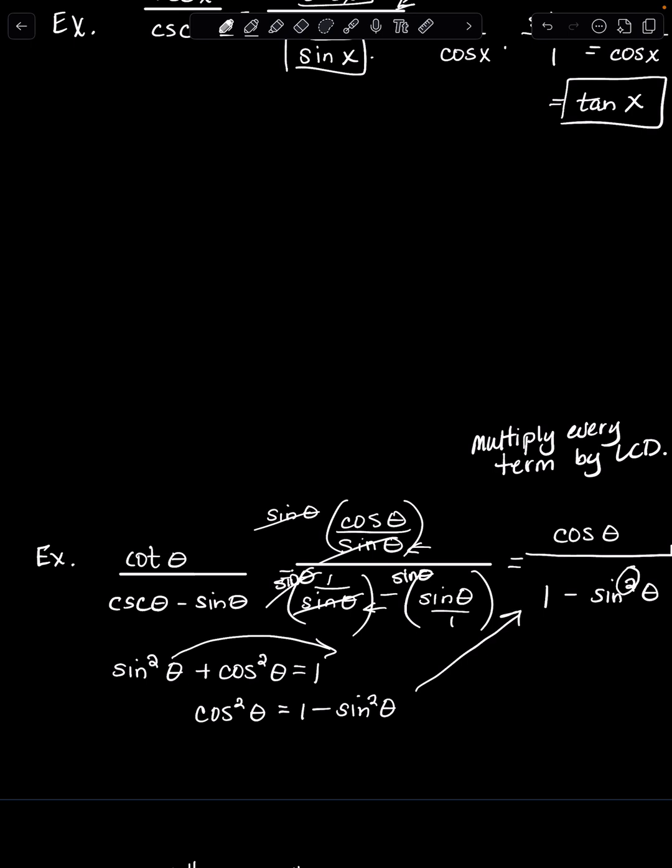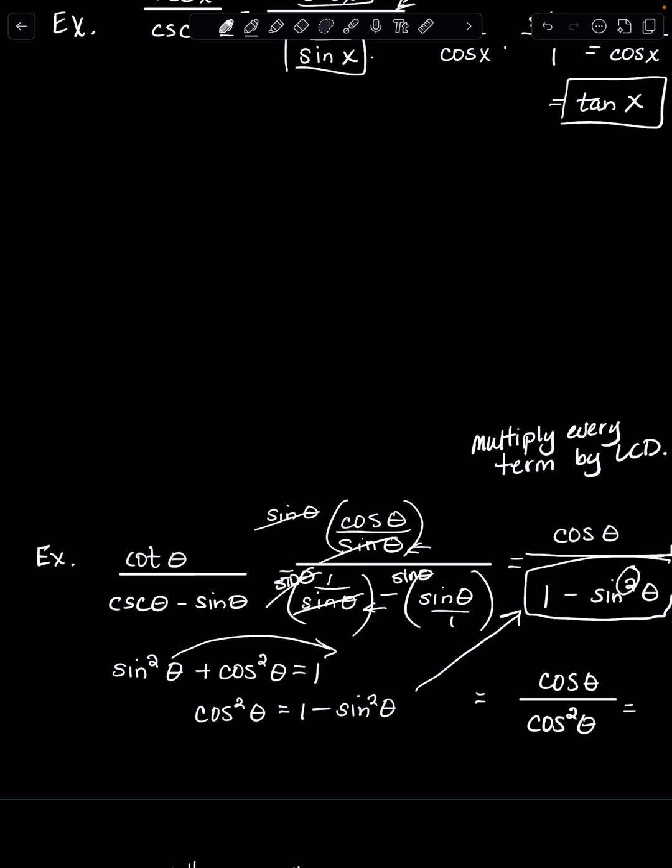All right, so I'm going to rewrite that, substitute in, and this is going to leave me with cosine of theta up top. That doesn't change. But on the bottom, I know that 1 minus sine squared of theta is equal to cosine squared of theta. All right, keep simplifying.